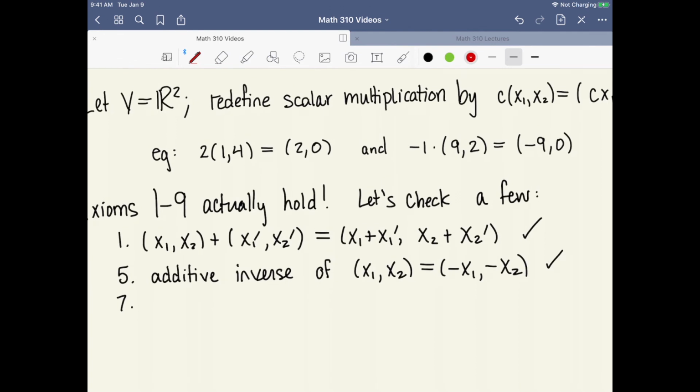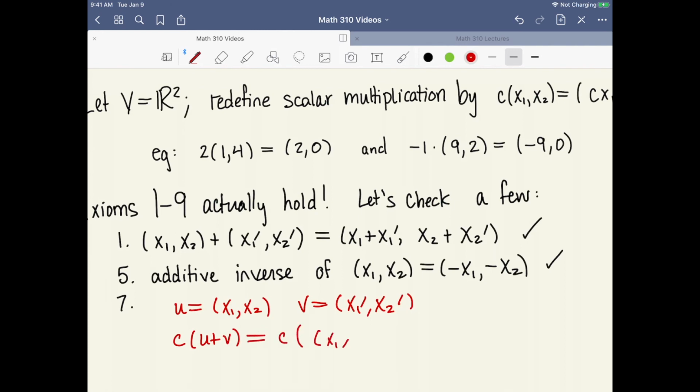Our u, by the way, is something that we would write as x1, x2. And our v is what we're going to call x1 prime, x2 prime, to be consistent with the previous 2 axioms that we checked. So a scalar c times u plus v means we're taking c times x1, x2, plus x1 prime, x2 prime.